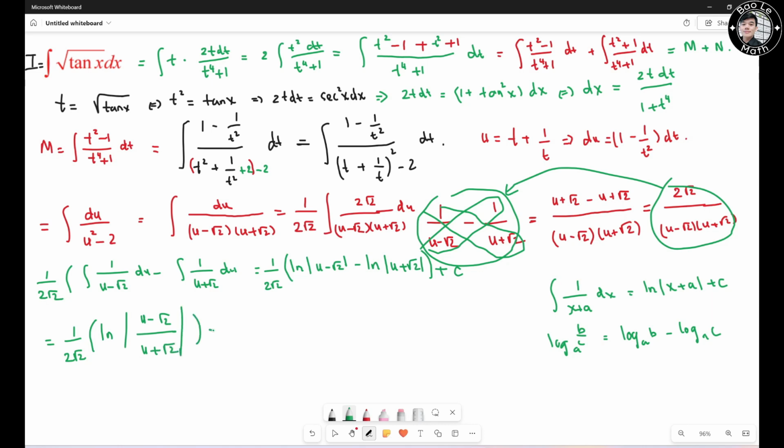plus c. Now I need to substitute this guy back over here because u is equal to t plus 1 over t.